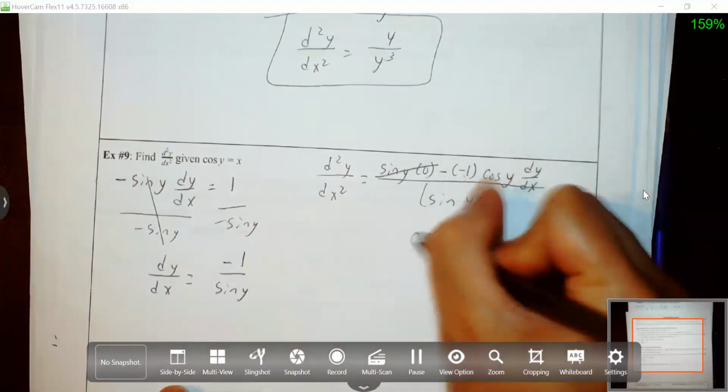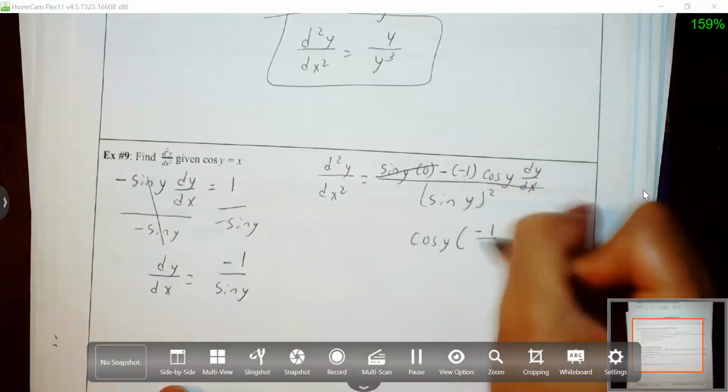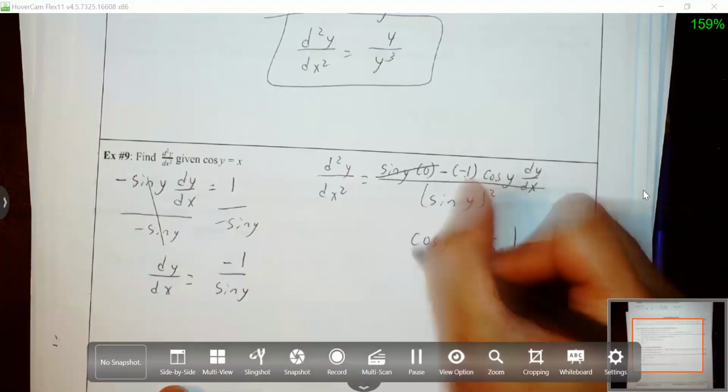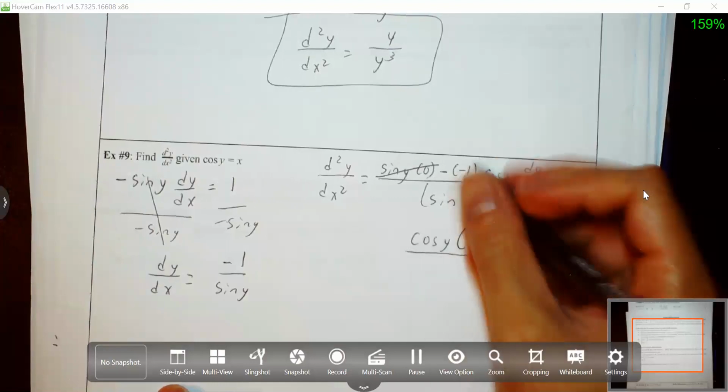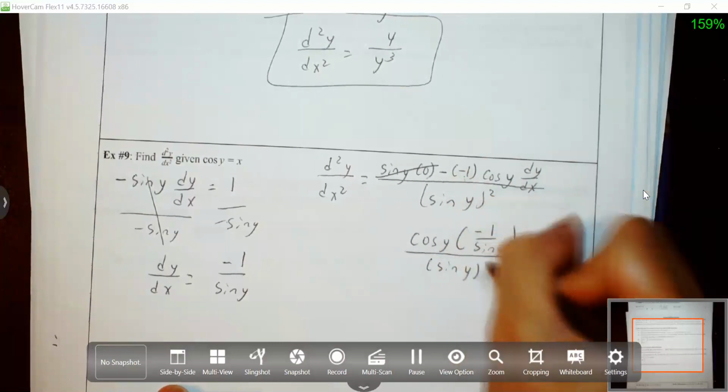So I'll have cosine y times negative 1 over sine y all over sine y squared.